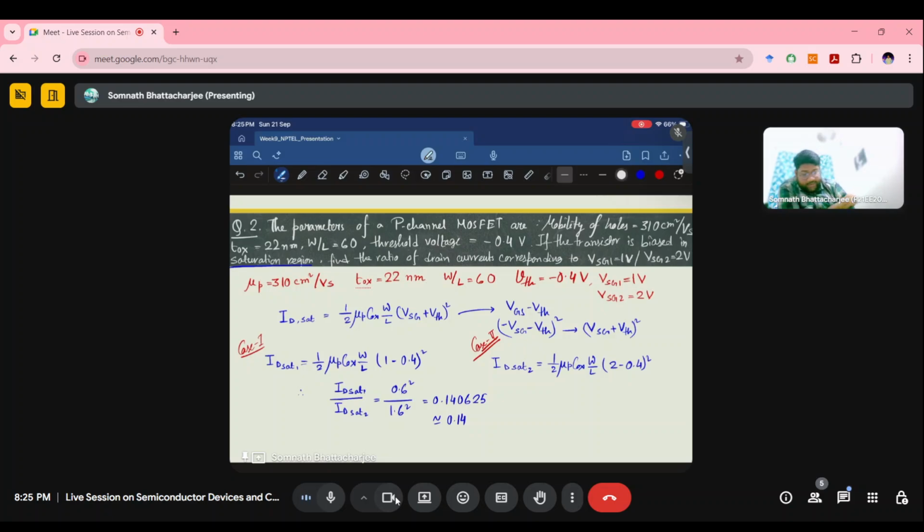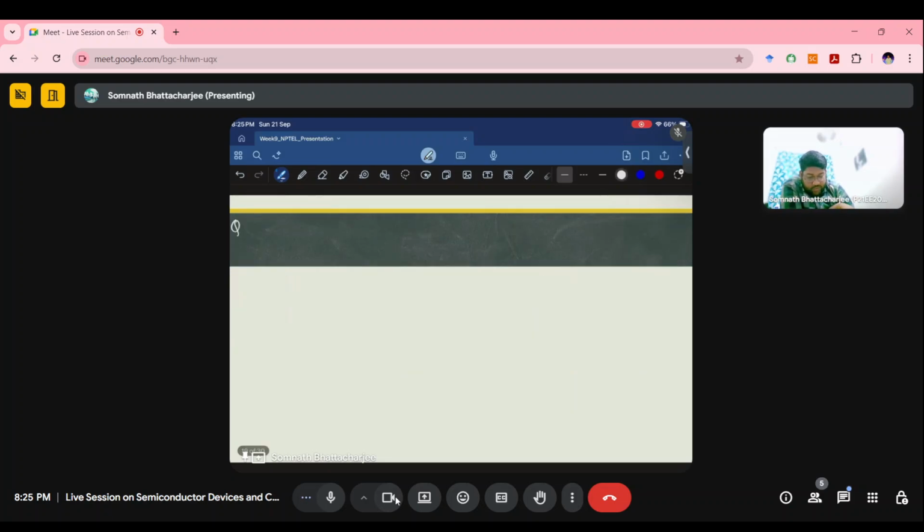So we'll move to the next one, that is question number 3. What we have is a silicon n type MOSFET which has a W of 10 microns, L of 1 micron.